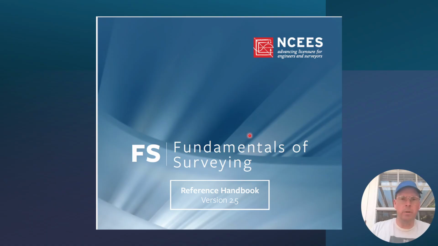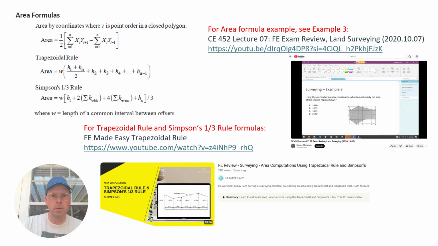And let's go ahead and move right along to the next set of equations in the book here. You have these area formulas: area by coordinates, trapezoidal rule, and Simpson's 1/3 rule. Now this equation, I've had this in classes before, but this guy does a great example of how to do it a lot easier.